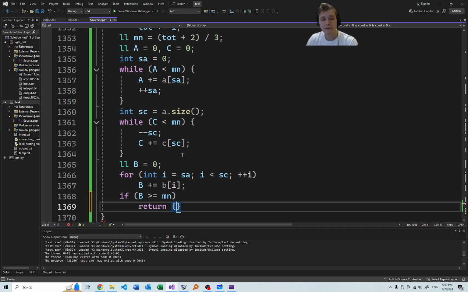So A is from 0 to SA minus 1. B is from SA to SC minus 1. And finally C is from SC to N minus 1.